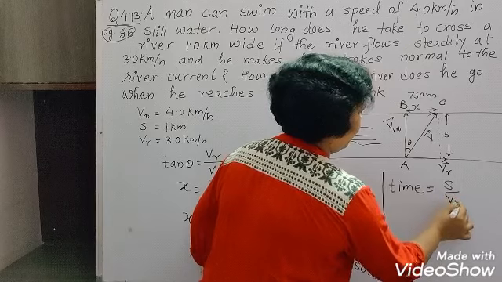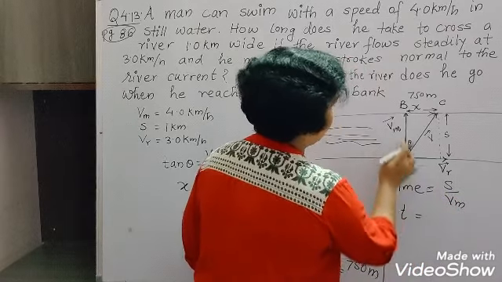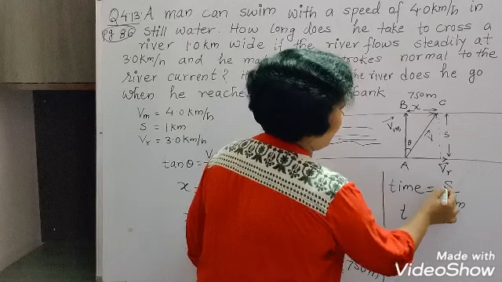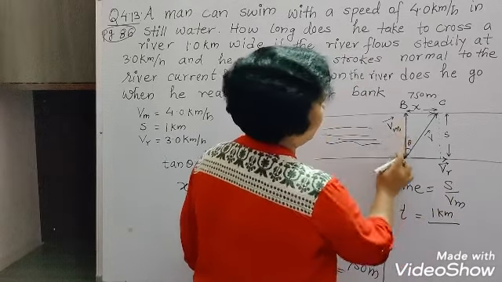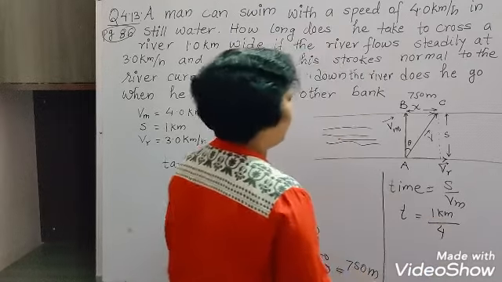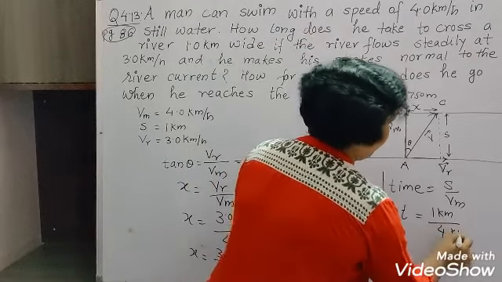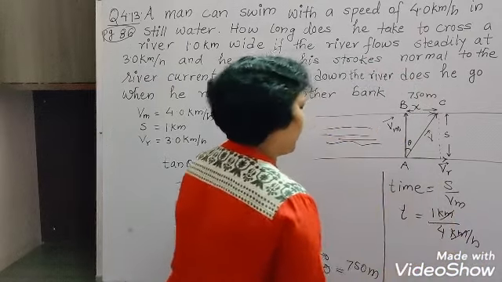Here S is AB, equal to 1 kilometer, and Vm in this direction is equal to 4 kilometer per hour. So the kilometer would be cancelled here.